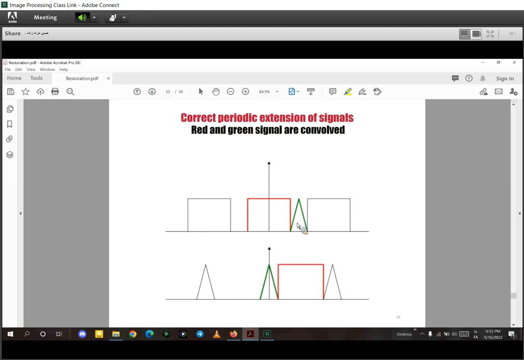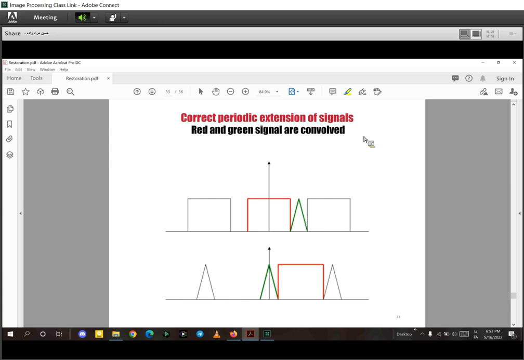Here you can see this green item is inserted here because of this large duration, or large distance, or guard. This red here is the same as this black here, no worry.